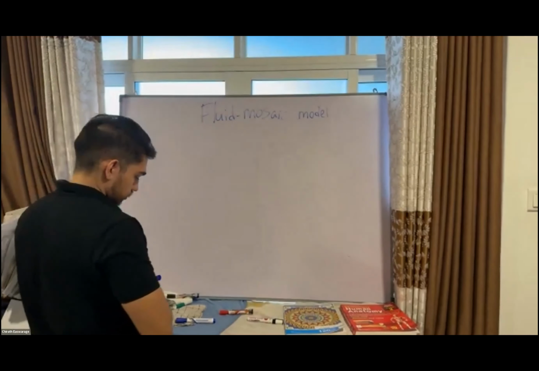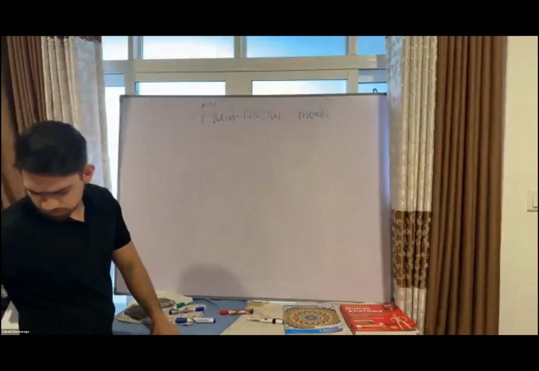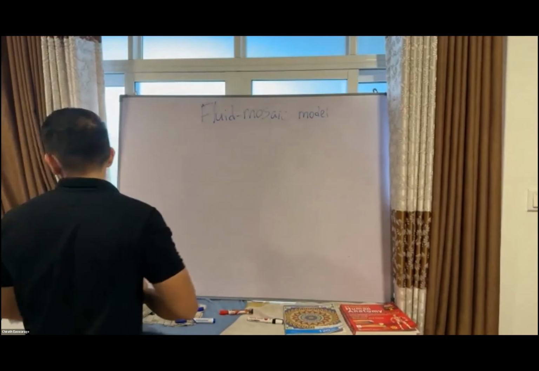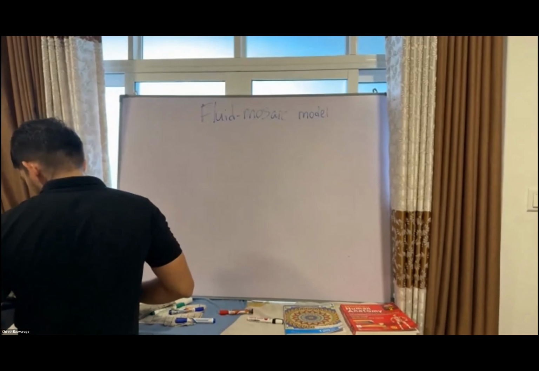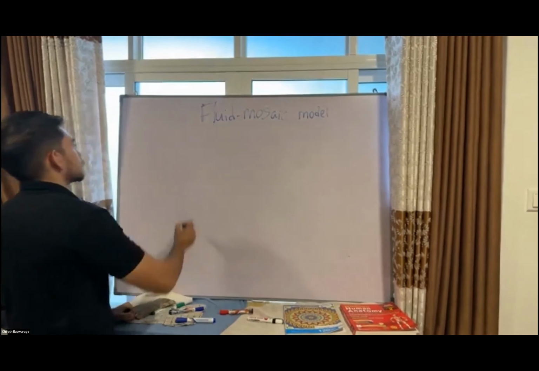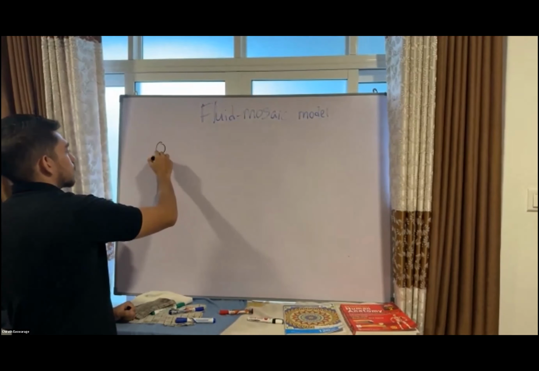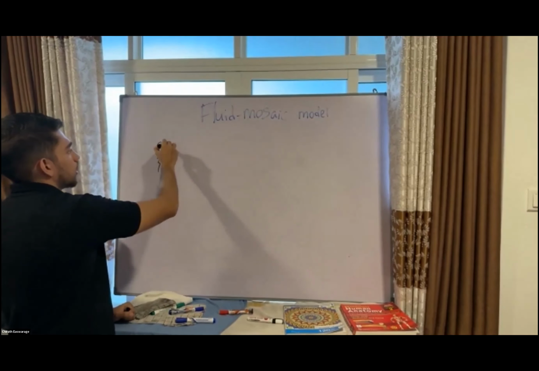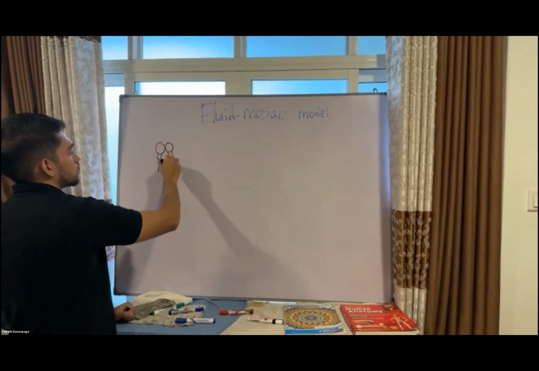Okay, so let's draw this. What does the first statement say? It is mainly made up of a phospholipid bilayer. What do you mean by a bilayer? It means I'll draw phospholipids like this: the head and two tails, head and two tails.